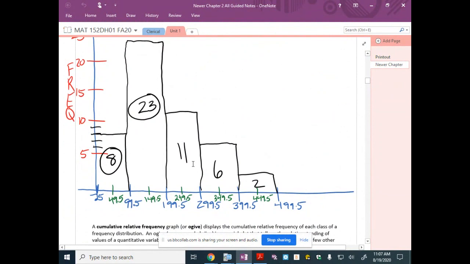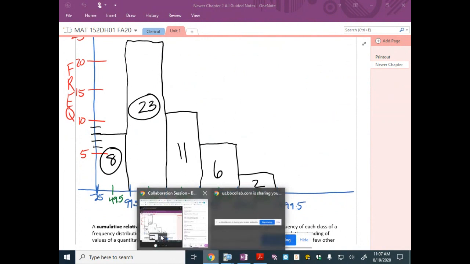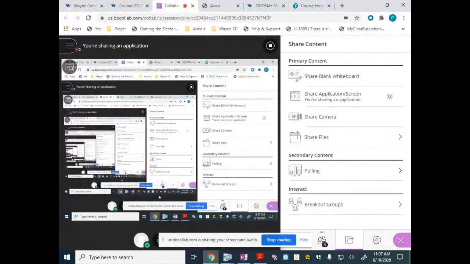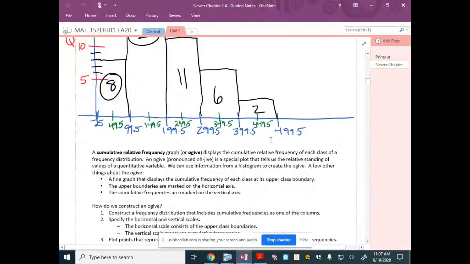Now, a cumulative relative frequency graph, or ogive, will display the cumulative relative frequency of each class of a frequency distribution. So that is going to be a line, like a line graph.